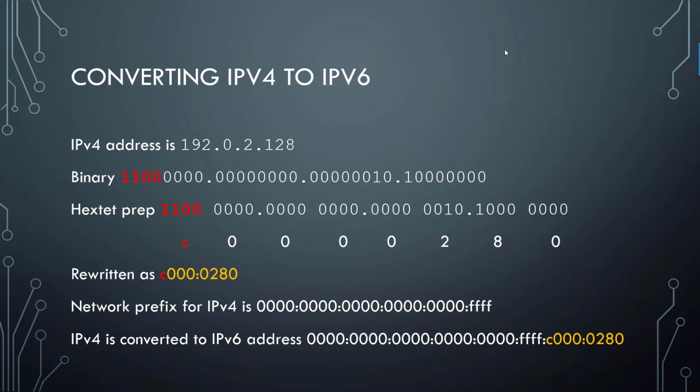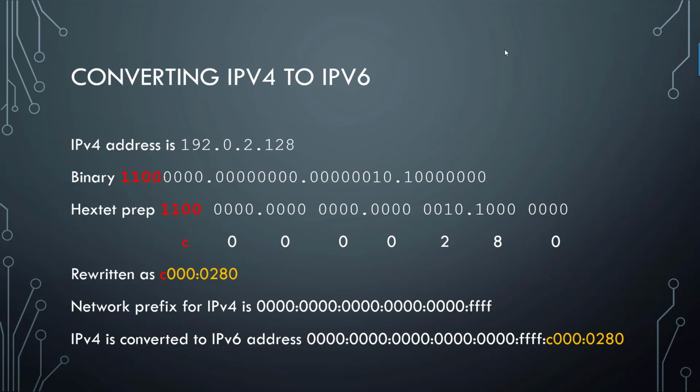Now, if you look at the binary and the hextet prep, you can see that all the ones and zeros are exactly the same. Nothing has been changed. The only thing that has been changed is how those ones and zeros are read. Not red as in the color, but read as R-E-A-D. So instead of reading the ones and zeros as an octet, we're reading them as a hextet.